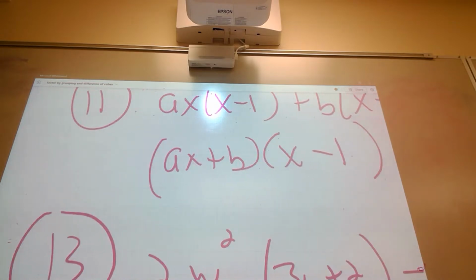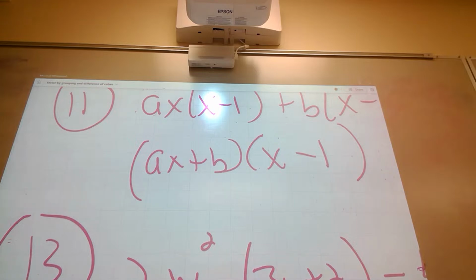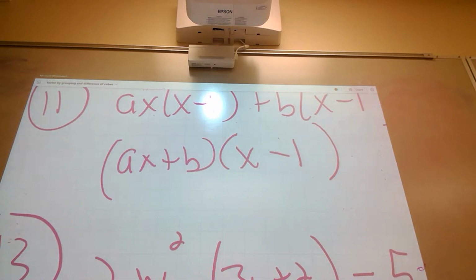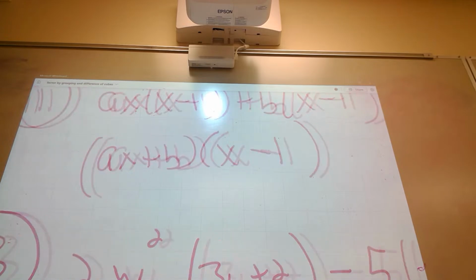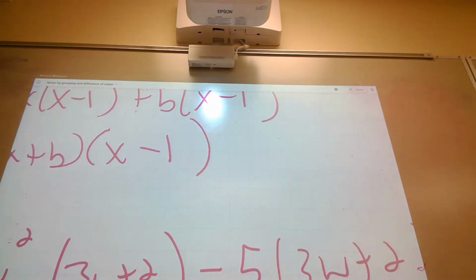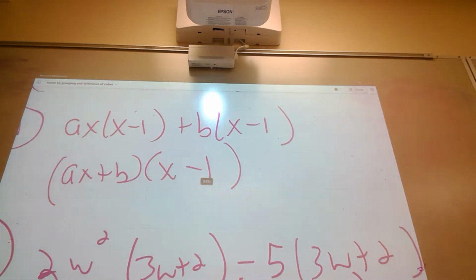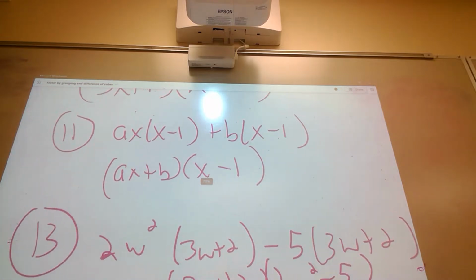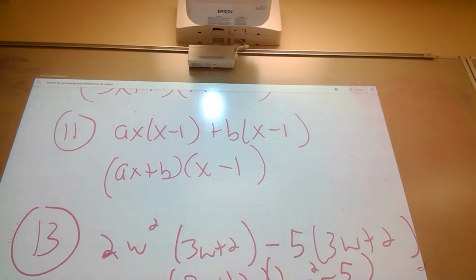We need a 3w plus 2 in the next one. You want to pull out a negative 5. If you pull out the negative 5, then you have the 3w plus 2. Okay, then you combine them, so you get 3w plus 2 times 2w squared minus 5.